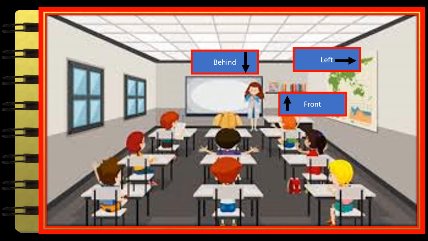But we are watching it from the teacher's angle. So, the teacher's left has a map. Now, what is to the right of the teacher? There are windows to the right of the teacher. So these are the common words which are used when we speak and give directions. That is front, behind, left, right.